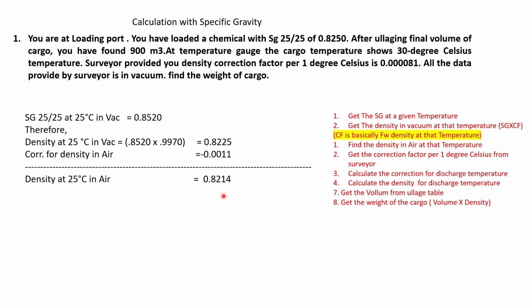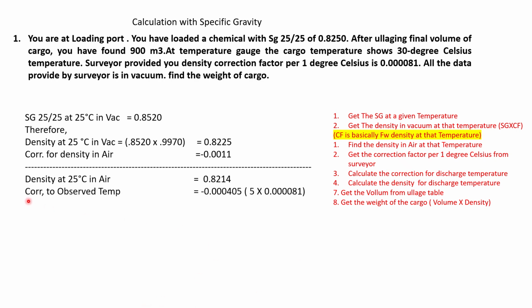So after subtracting, we have got the density in air at 25 degrees Celsius. We need to see what our discharge temperature is. Here you see our discharge temperature is 30 degrees Celsius. That means it is 5 degrees above, right? So we need to find the correction factor for 5 degrees Celsius. We know from the surveyor the correction factor per 1 degree Celsius is 0.000081, so we just multiply that one with 5.